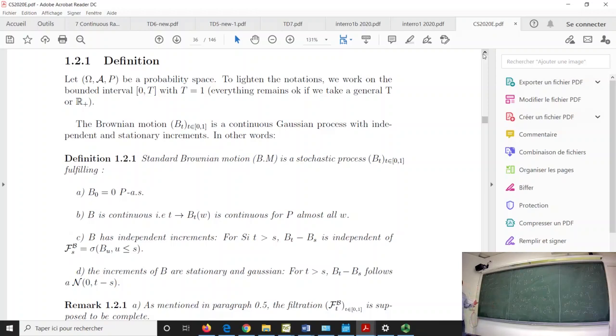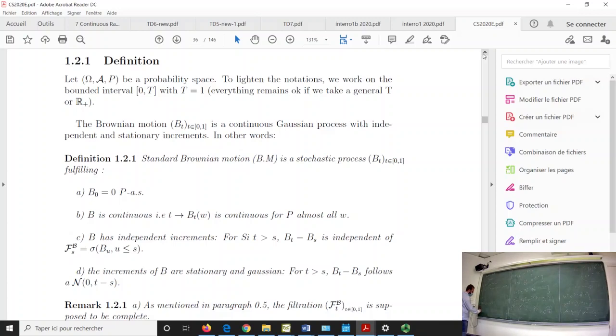And remember that I have given a precise sense to what it is to be continuous for a stochastic process. It means that the set of the trajectories having the continuity property has a probability equal to 1.